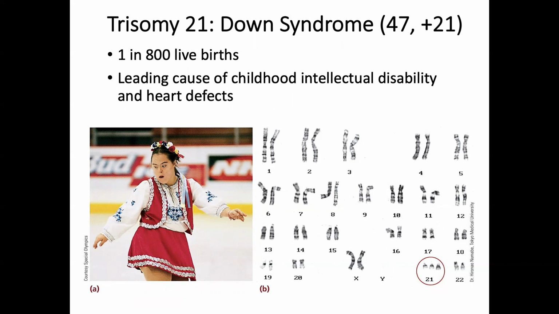The average IQ of a young adult with Down syndrome is 50, but it varies case by case. In the United States, prenatal screening is routinely done in pregnant women because the incidence is rather high for Down syndrome, which is 1 in 800 live births.